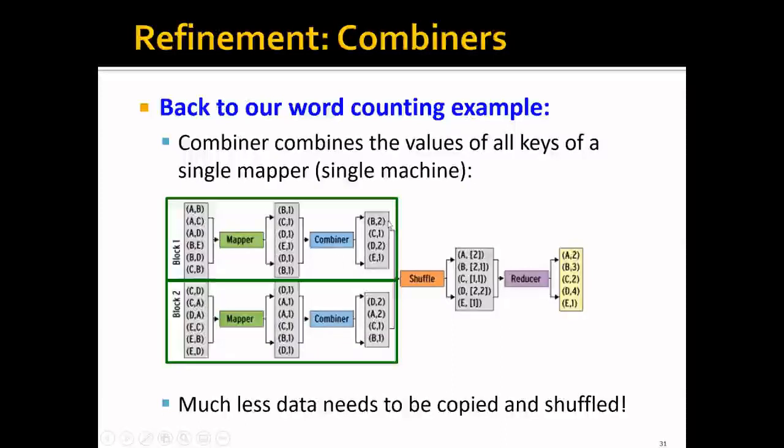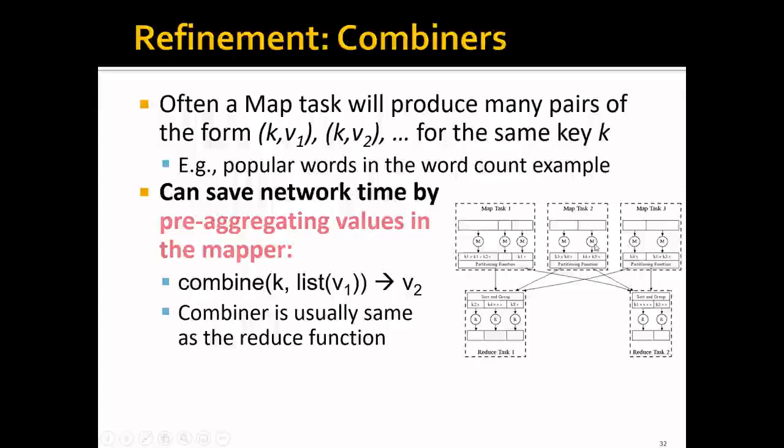And once this is done, the result will be shuffled and grouped inside the reduce node, and it will be pushed to the reducer to do further processing. In this way, much less data needs to be copied and shuffled, and it's way more efficient. And often, this combiner function, like we said before, will be almost the same as the reduce function.